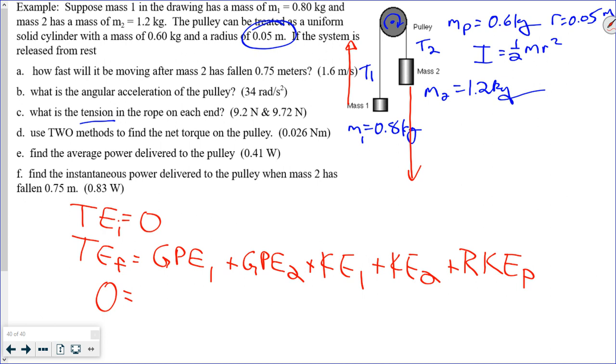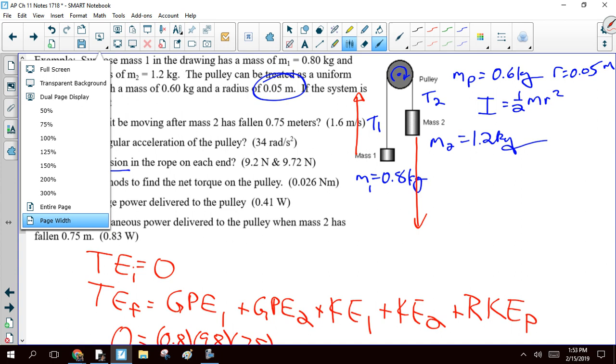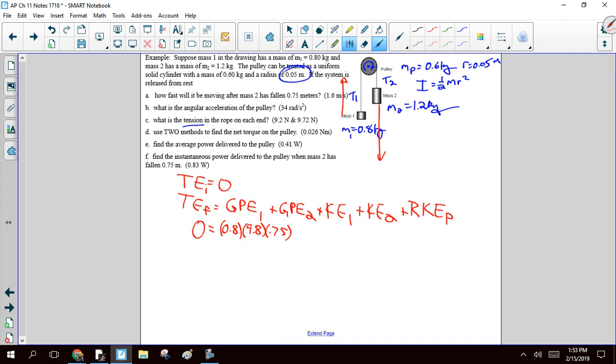Then let's plug in our numbers. The GPE of mass 1, it's going to go up 75 centimeters, so we get 0.8 times 9.8 times 0.75, plus GPE2. That one's going to go down, so we've got 1.2 kilograms times 9.8 times negative 0.75 meters.